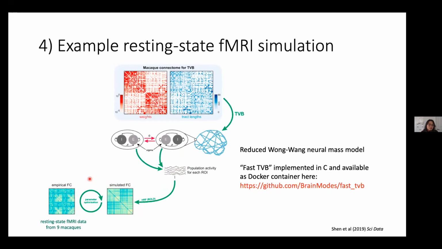Okay. And so this parameter optimization was done by varying systematically both the global coupling parameter, so kind of the gain of how coupled all the regions are together, and also sigma here, which is a noise parameter of Gaussian noise that's injected into the excitatory population.